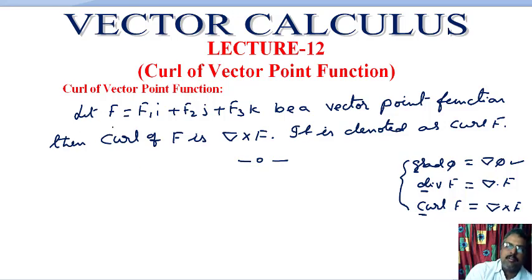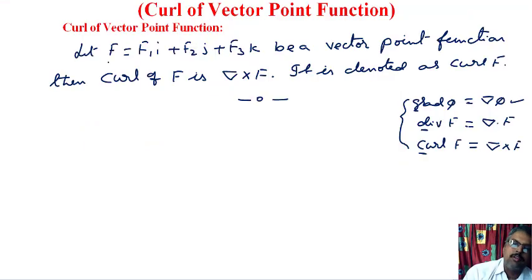Now in this curl of a vector point function, let f equals f1i plus f2j plus f3k be a vector point function. Then curl of f is del cross f. It is denoted as curl f. Note: what is curl f?